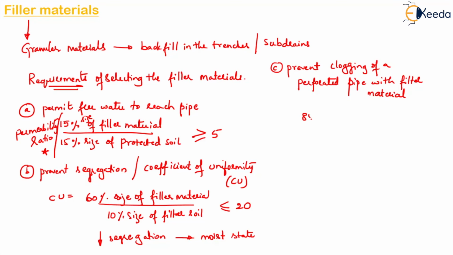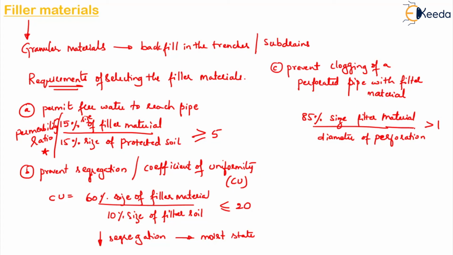The following condition should be satisfied: 85% size of filler material by the diameter of perforation should be greater than 1. The meaning of this is that 85% by weight is finer than the specified size.